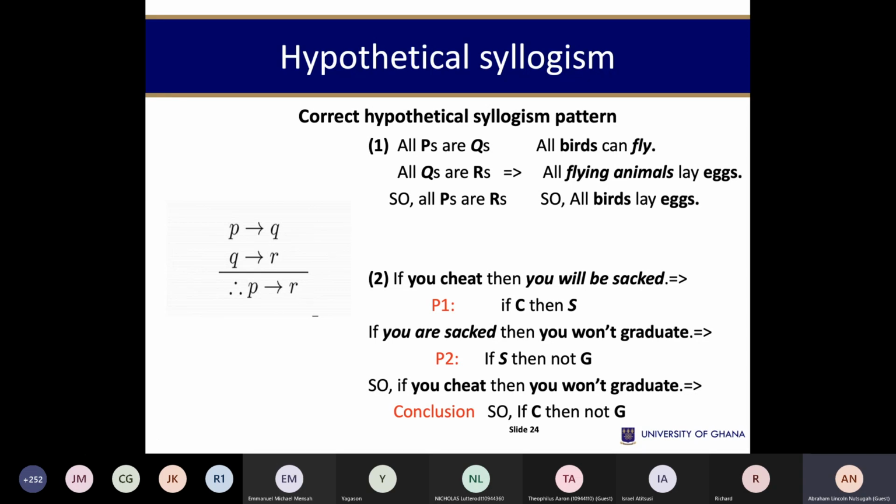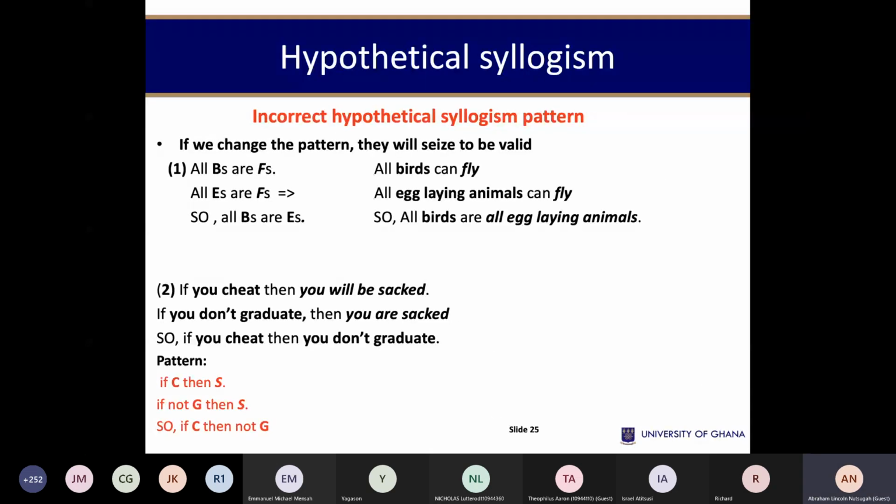If you change the pattern, this will cease to be valid. So for instance, let's look at the incorrect hypothetical syllogism pattern. All birds can fly.